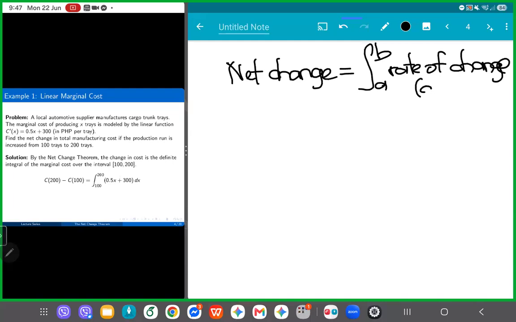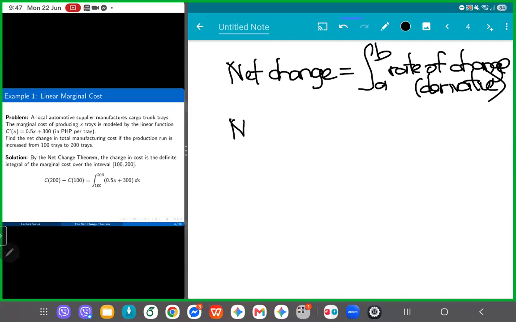Just the derivative. This one is the integral or the antiderivative. But anyway, we'll write this in terms of the economic variable in consideration, which is cost.